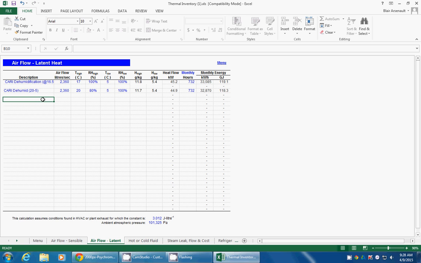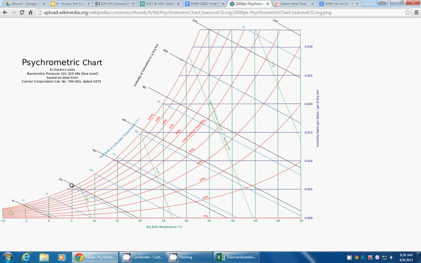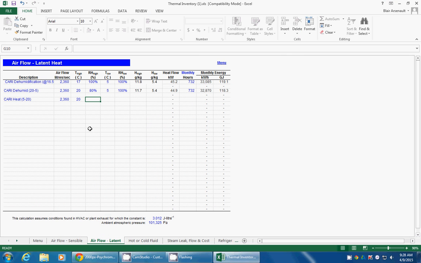And we could say the same thing for the carry heat side. 5 to 20. And so it's about 40% RH and 5. 2.8.